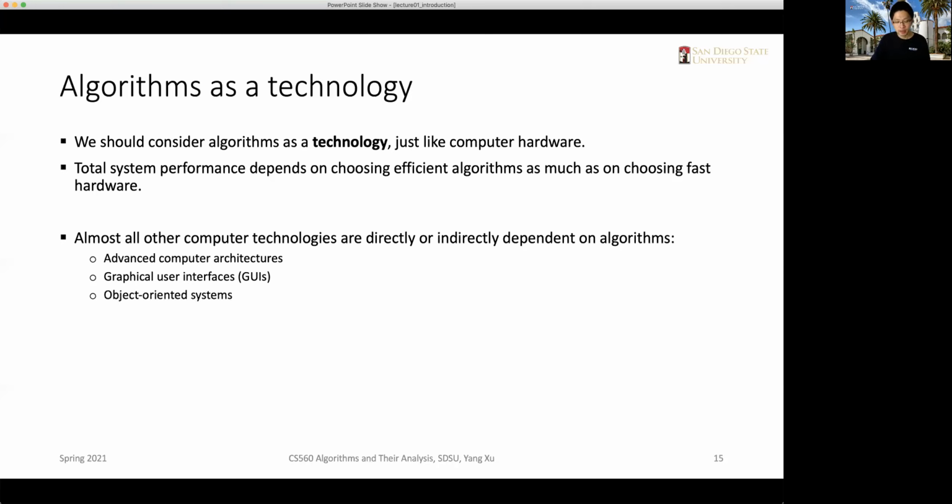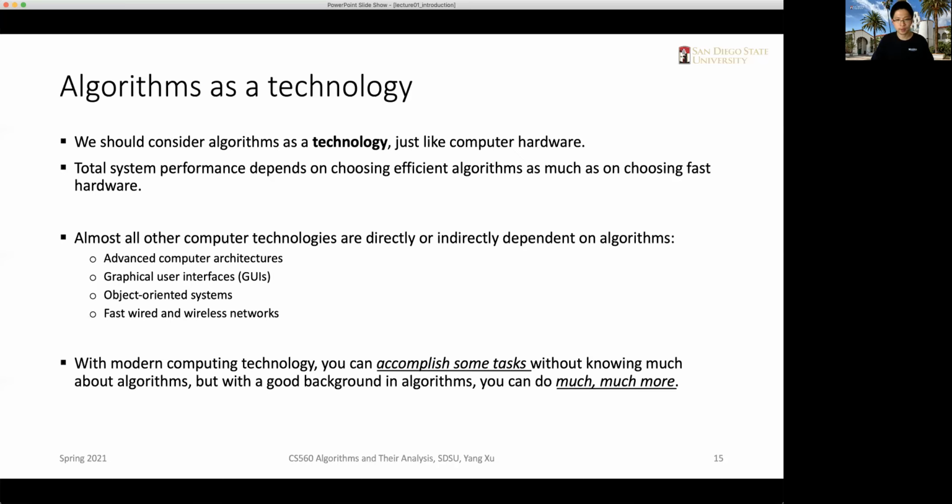It basically depends on very fast rendering algorithms. Like the object-oriented systems we use in Java and Python, they all depend on very fast underlying implementations of the classes. And fast wired and wireless networks are even more dependent on fast graph-based algorithms.